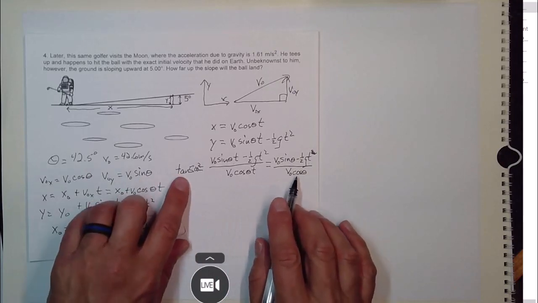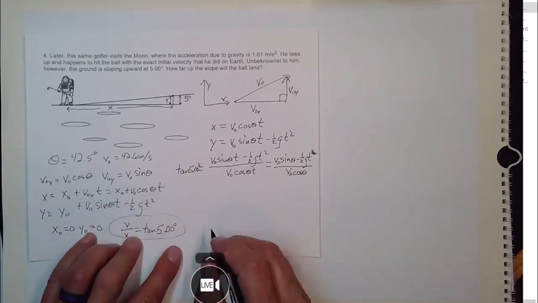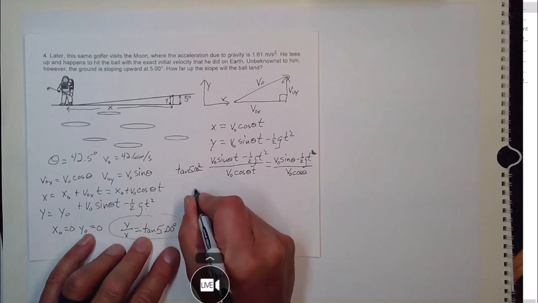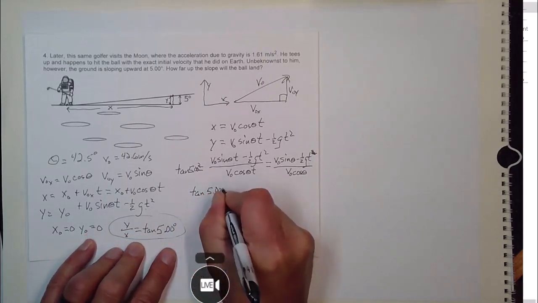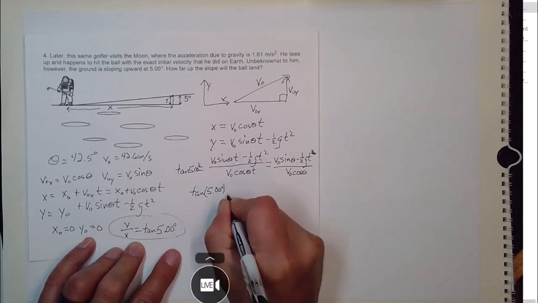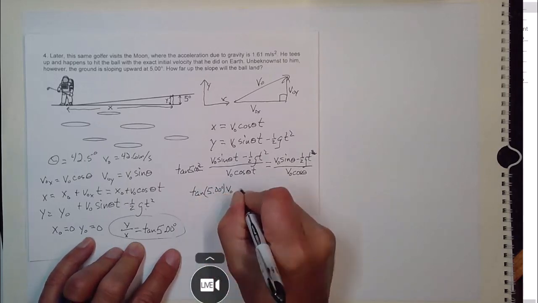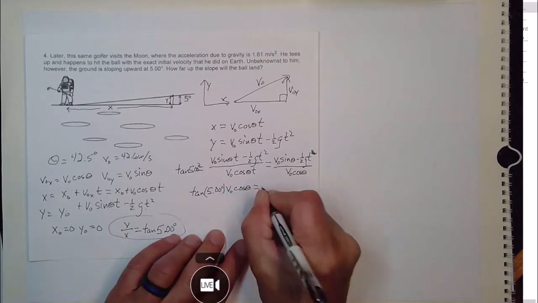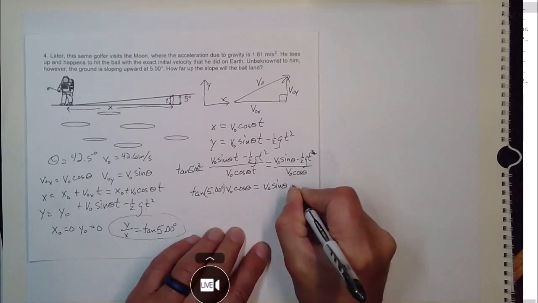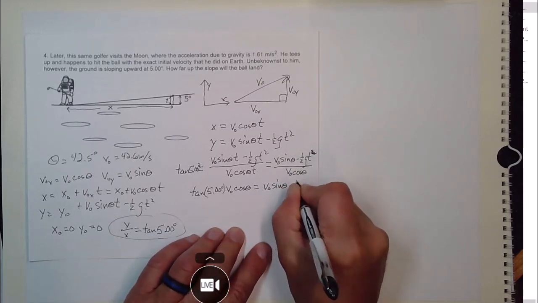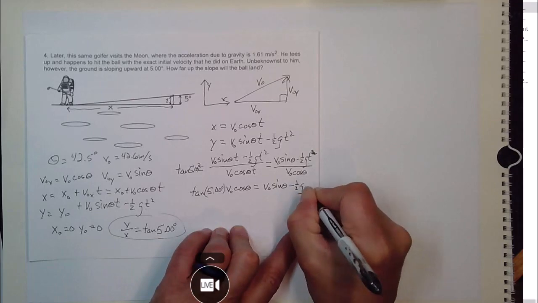So if I multiply out from underneath by v naught cos theta, I'll have tangent of 5.00 degrees times v naught cosine theta equals v naught sine theta minus 1/2 g t.